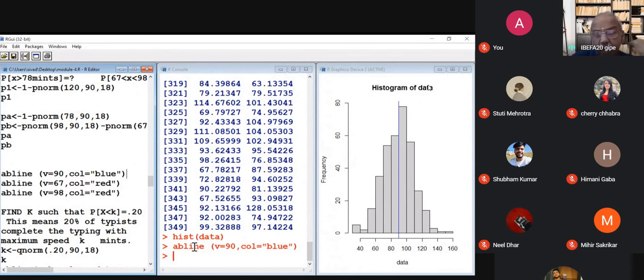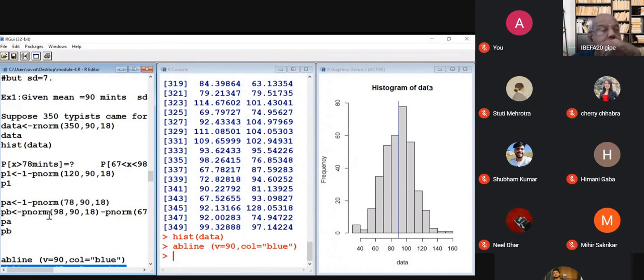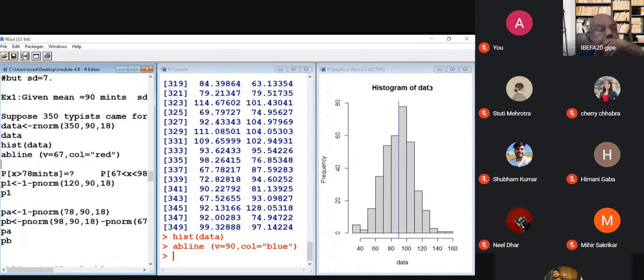And the first probability we want is above 120 minutes.